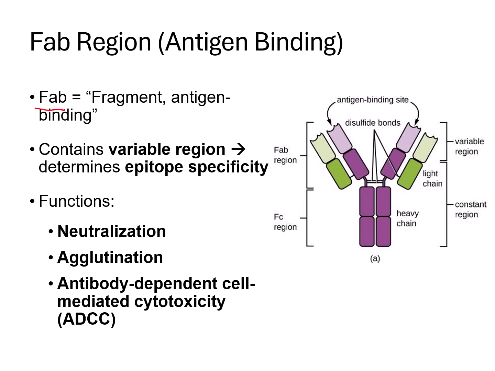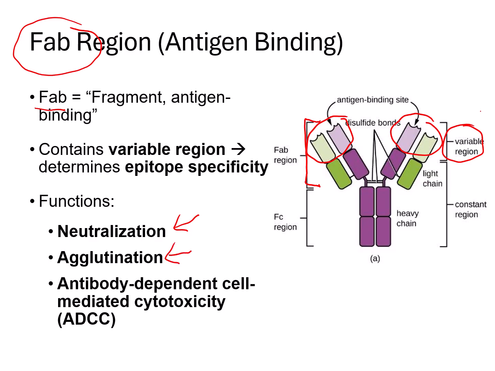So that FAB region is the antigen binding fragment, and it contains the variable region that physically binds to the epitope. And the function of the FAB region includes neutralization, that is going to block or prevent the pathogen from attaching to our cells.